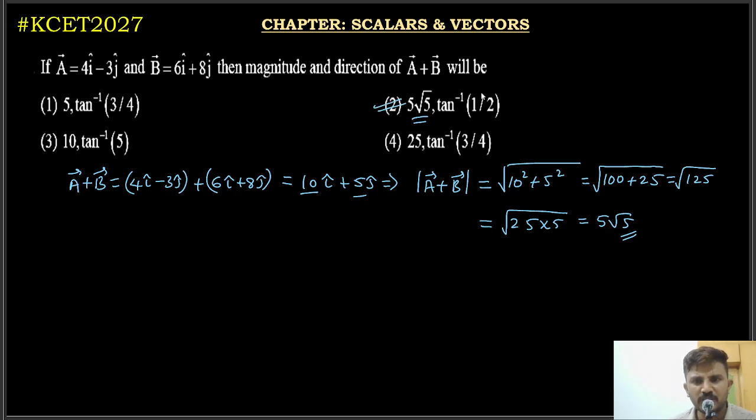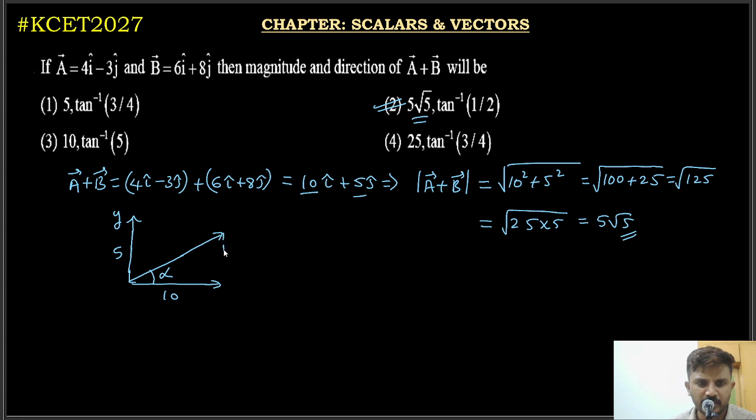Sir, what about this angle? So here if you observe, we have x-axis component 10 and y-axis component 5. Here I can write the resultant vector in this direction. This alpha value I need to find.